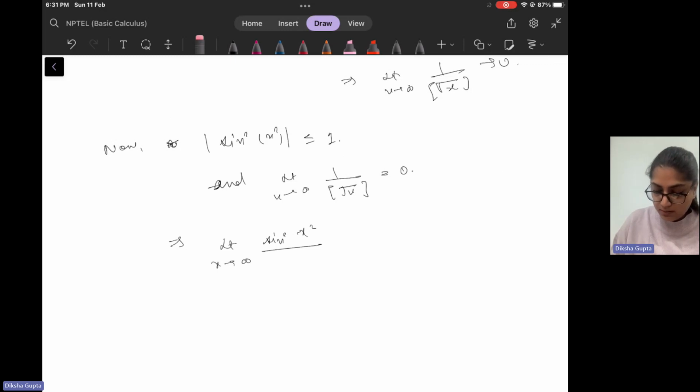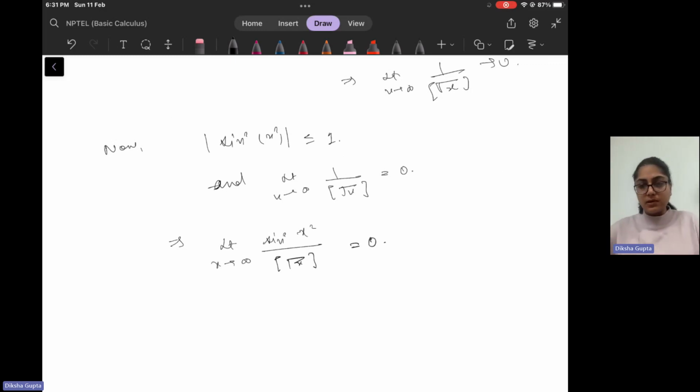I'm sorry for my handwriting. So these were two questions to tell you that if one function is bounded and the limit of the denominator is infinity, or 1 by the denominator is 0, at the point where you have to evaluate the limit, then the overall function has the limit 0.